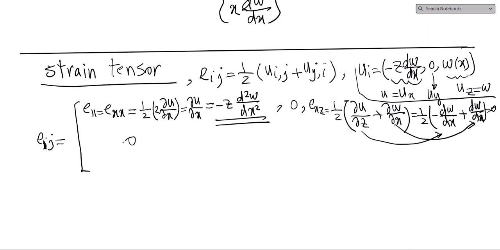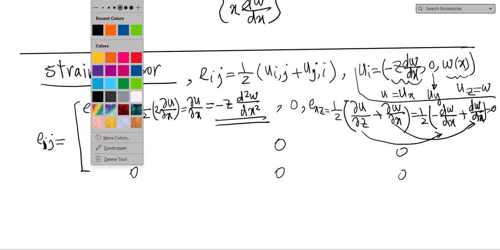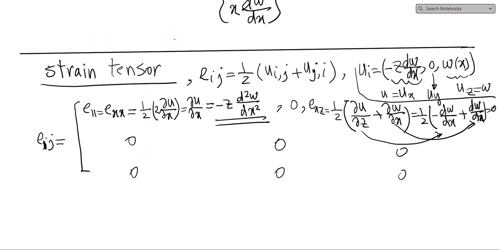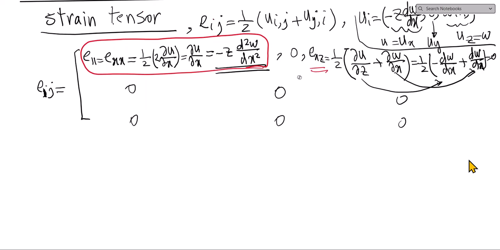And if you go and calculate the rest of them, they are 0 for symmetry, and of course if you calculate it directly, everything else is 0. The only component that survives is this component. The rest are 0. Let's look at this one before we move further. What is this strain?